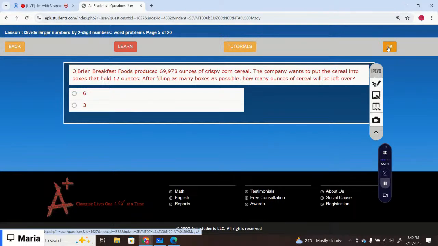The correct option is option number two. The remainder you need to find, that is three.